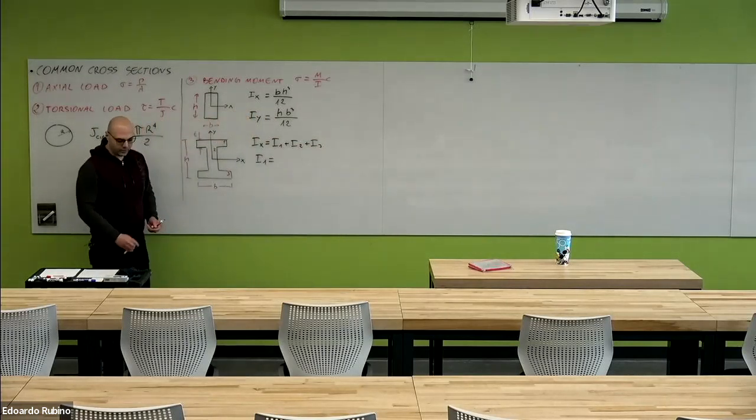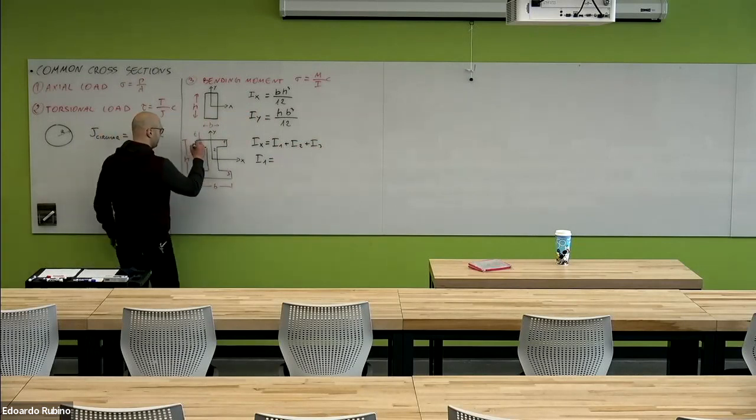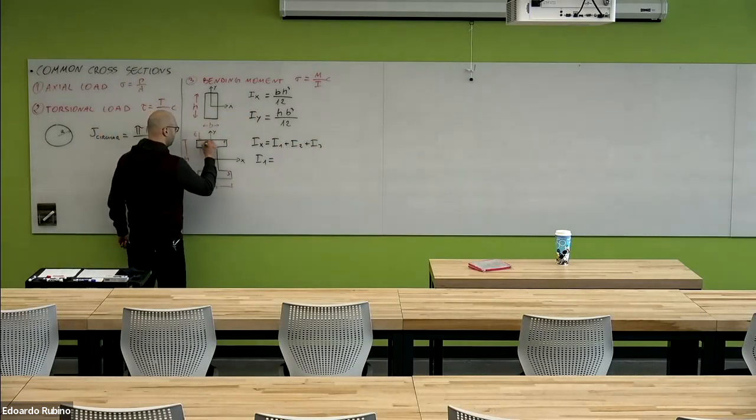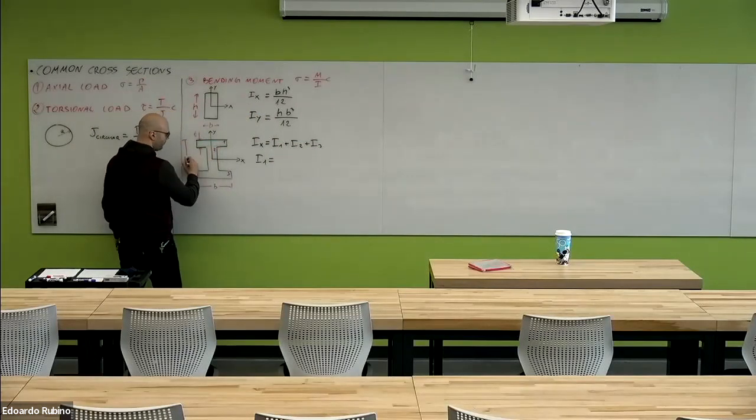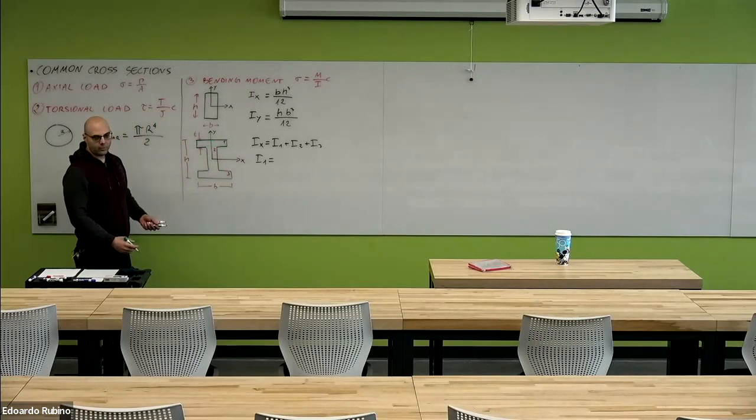So I1 would be the moment of inertia of this portion here with respect to the x-axis, the horizontal axis. And in this case, we have to apply the theorem of the parallel axis.